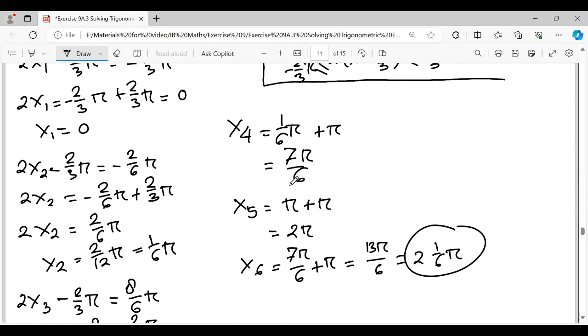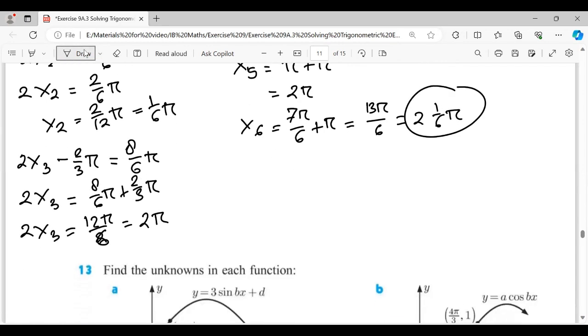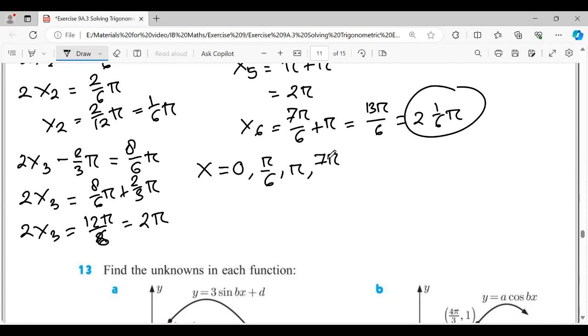So x are 0, pi over 6, 7 pi over 6, or 2 pi.